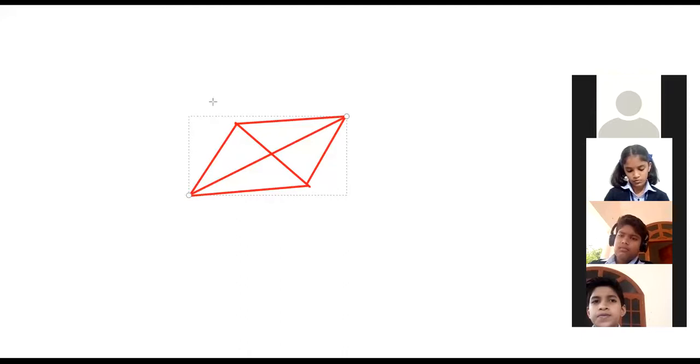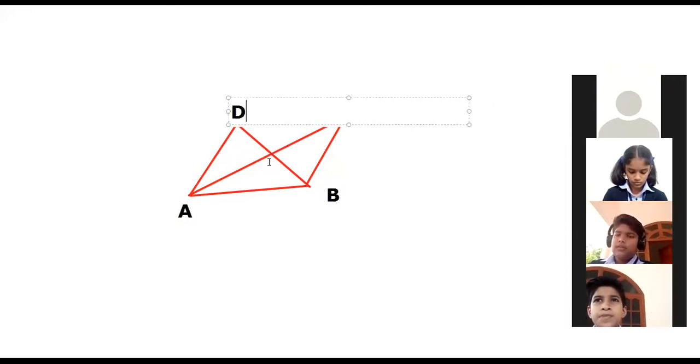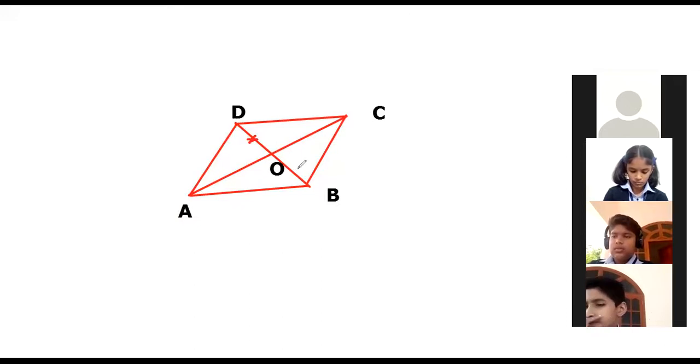Let me give names to that figure. Let it be A, B, C, D, and the middle point is O. Then this length will be equal to this length, and this is equal to this.